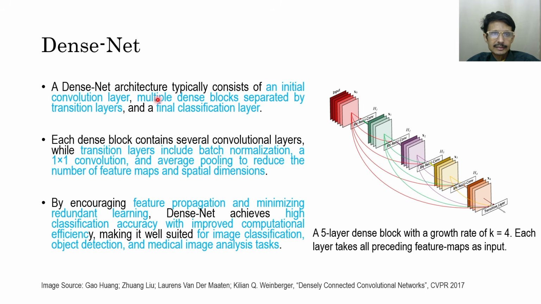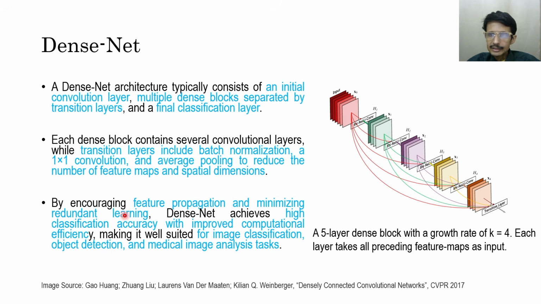Each dense block contains several convolution layers, while transition layers include batch normalization, a 1 by 1 convolution, which is basically a bottleneck, and average pooling to reduce the number of feature maps and the spatial dimensions. So this is basically the transition layer.